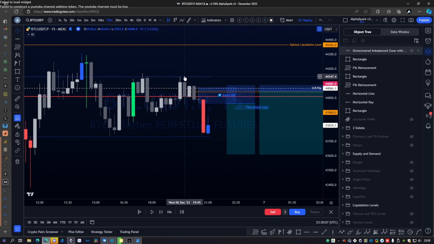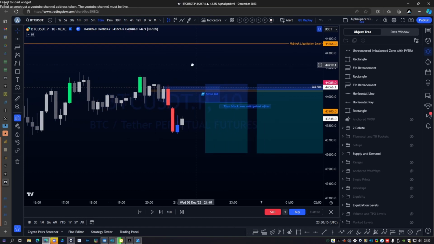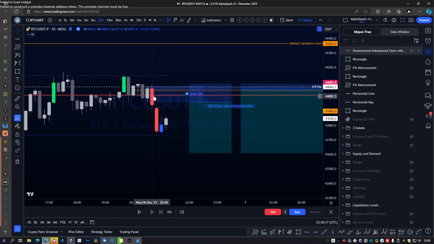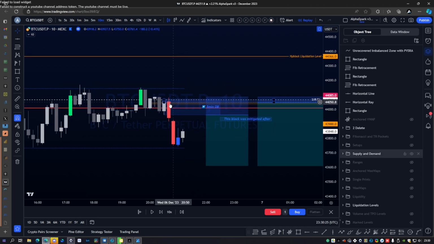But this candle, for example, did not take the high of that candle over there as well. However, if you go lower, you'll see that the first real vector, the first real strong candle that broke out of the range was this one, which took out the liquidity of the previous candle, right?